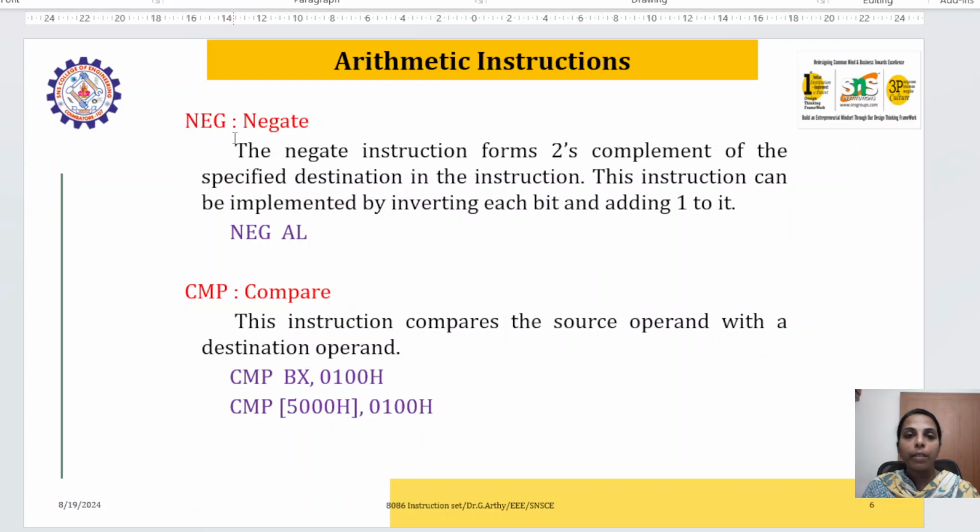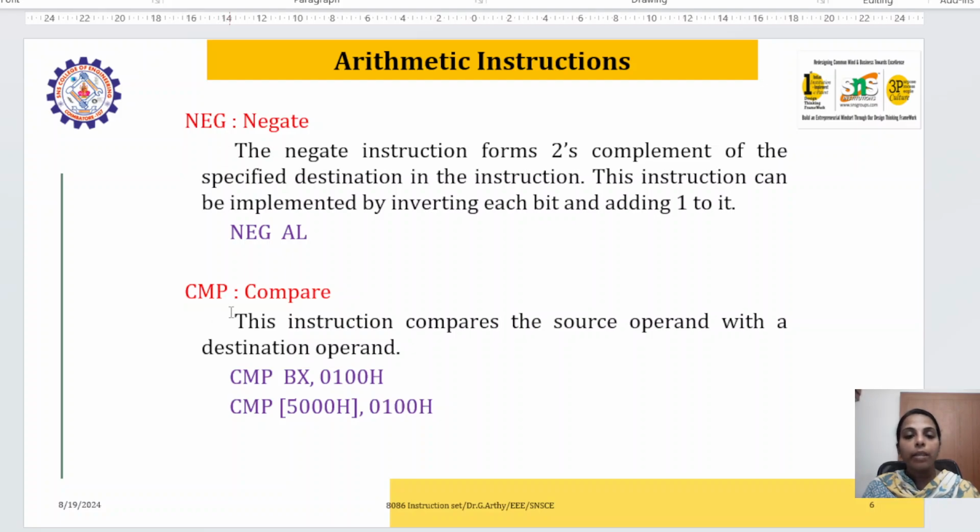It means 2's complement. If a binary number is given, find the ones complement of that, that is, ones and zeros will be inverted. Then add 1 to the ones complement in order to get the 2's complement. This is defined as negate. So if we want to find the 2's complement of a specific number, then we can use the instruction NEG.